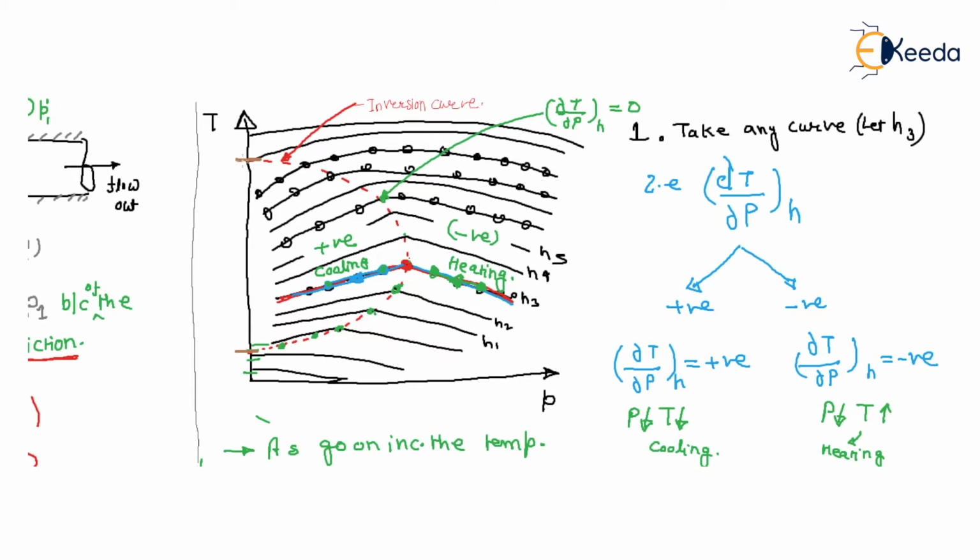Above the maximum inversion temperature and below the minimum inversion temperature, the constant enthalpy line has only a negative slope. If the slope is negative, then there is always heating, never any cooling effect.